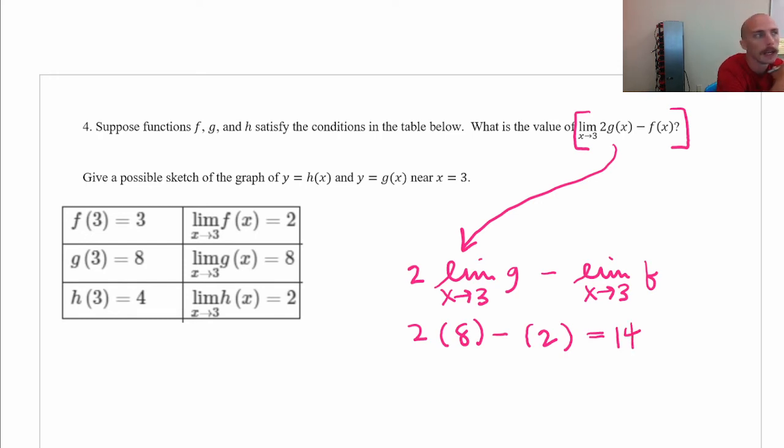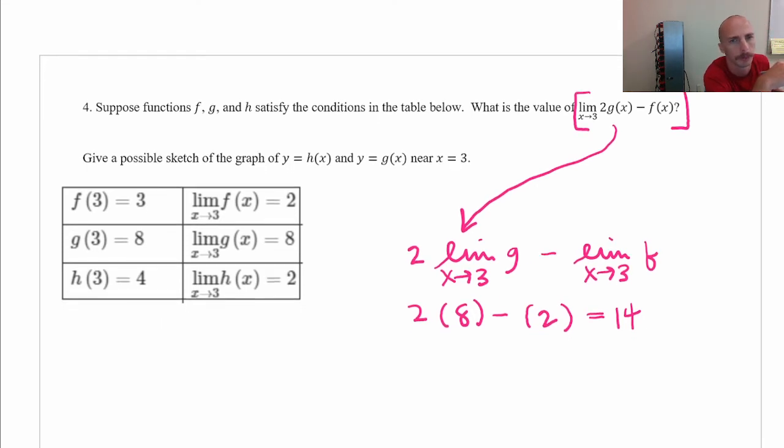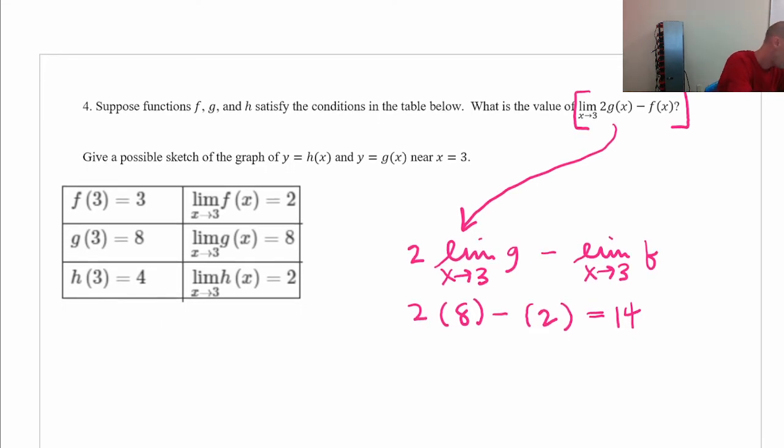Okay? Now, the other part was it was asking me to give a sketch. We can do that. Need to cover that up a little bit. And I'm going to say near x equals 3. Okay, h and g. So I'm going to sketch y equals h of x in red.